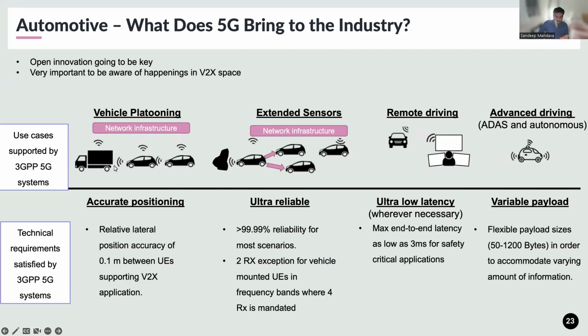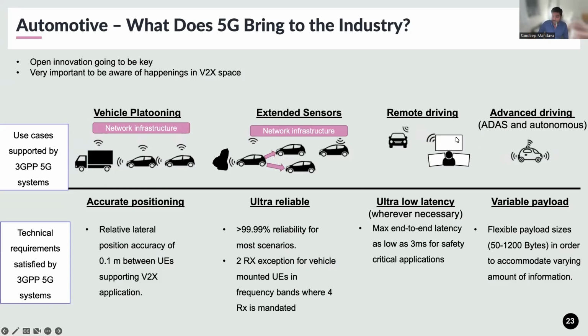Then vehicle platooning: you have one human driver driving a vehicle, and there is a platoon, a bunch of vehicles that follow the initial vehicle. It's like a vehicle train, if you will. Only the front vehicle has the driver, which is the engine bogie, and all the other bogies just follow.